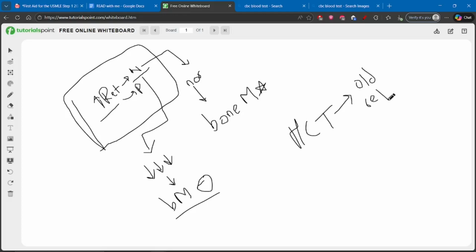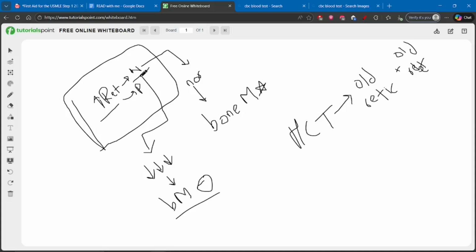The cells that are already present in the blood, or the cells that have already been produced, the old reticulocytes plus old RBCs. So that is what hematocrit represents.